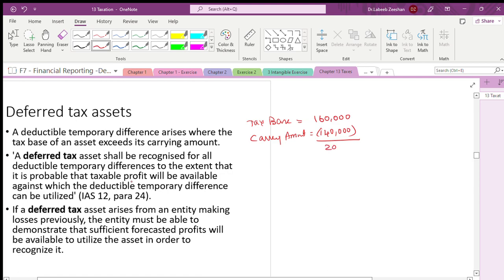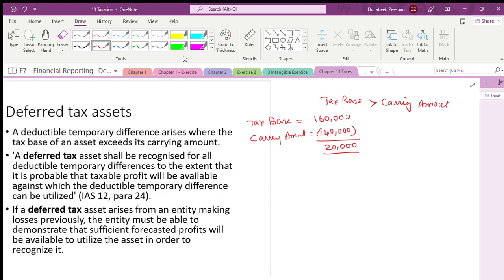What happens? You have the difference. The tax base exceeds the carrying amount. If the tax base is greater than the carrying amount, then it is called a deferred tax.